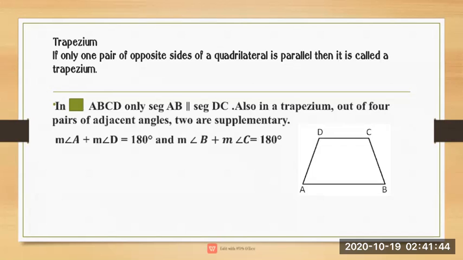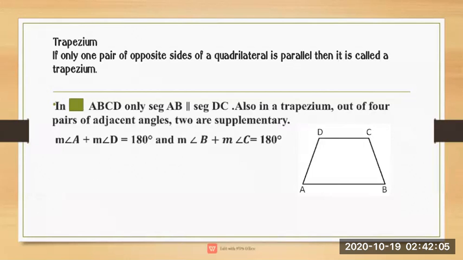Here angle A plus angle D is 180 degrees, same as angle B and angle C, which is also 180 degrees.